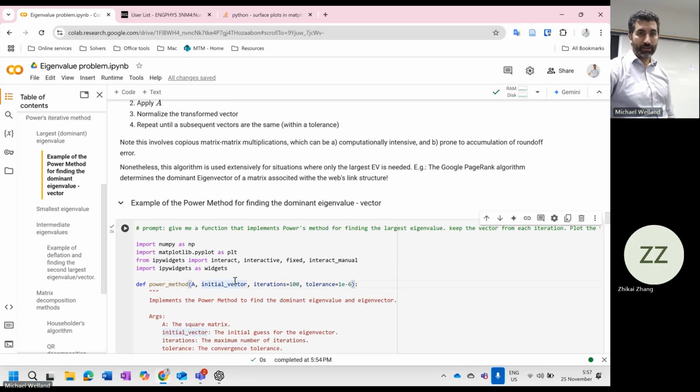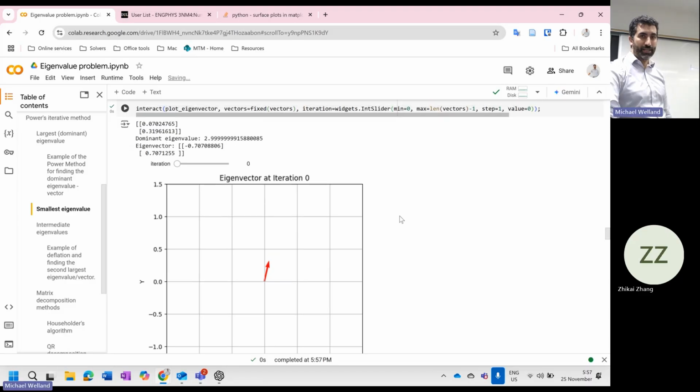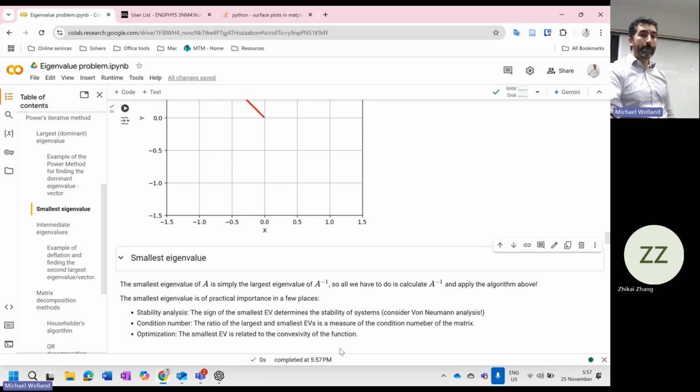But it works. This is a random starting vector, and you keep doing more and more iterations, and sure enough, you align along the 1, -1 vector, which is what we wanted to find.